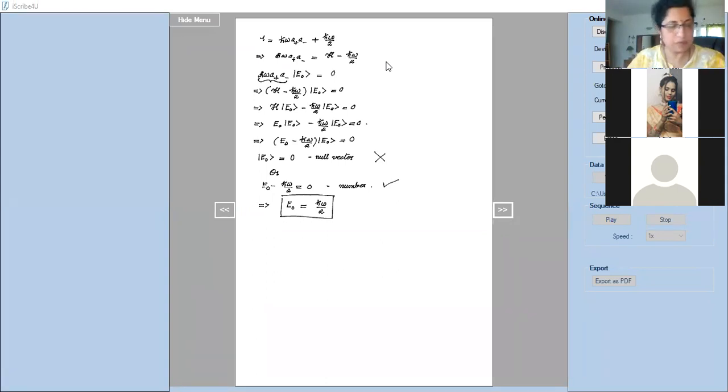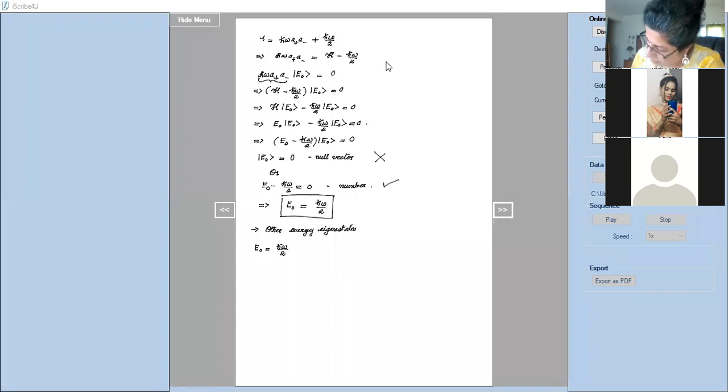Now what do we do? What are the other energy eigenstates? So we have the ground state energy, E naught equal to h cross omega by 2.